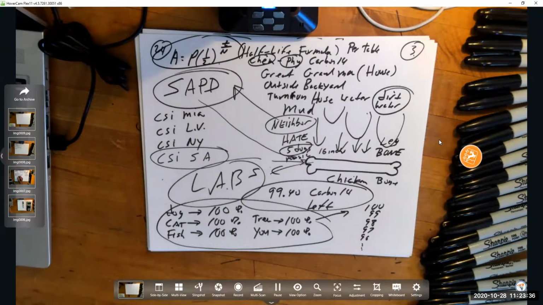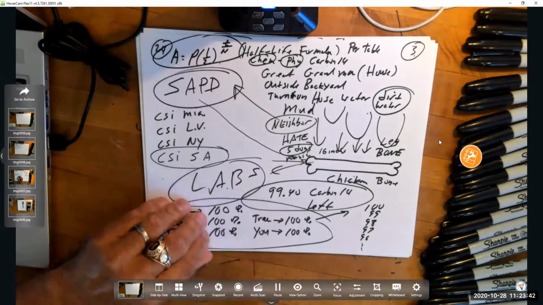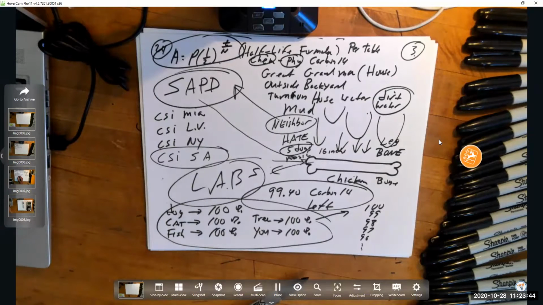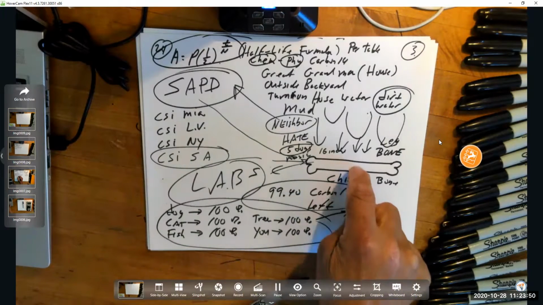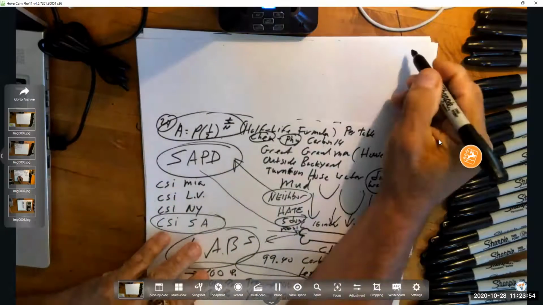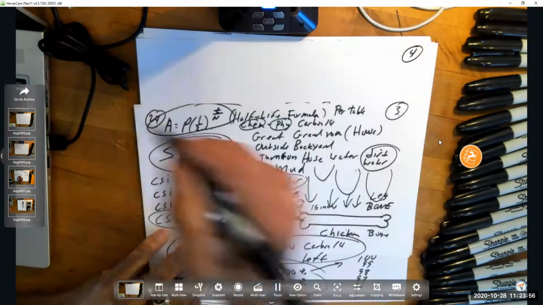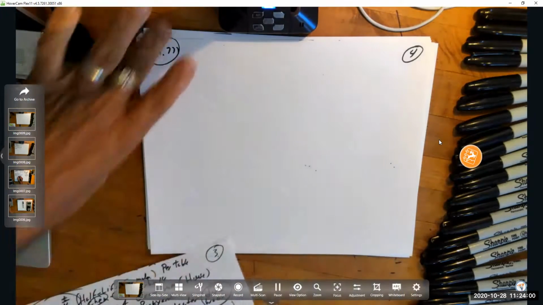All right. So now let's do this one. Right now, I'm going to put this number back in there. So I know that they found that 99.40% of the carbon 14 is still in that bone right there. That was buried. So now we're going to do problem number 4, which is 24.777. Okay, ready?